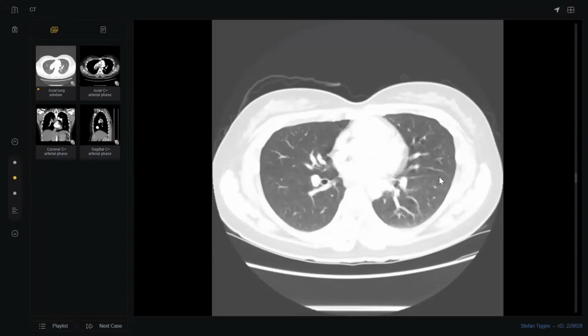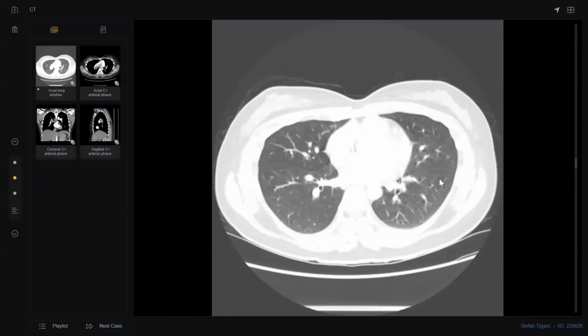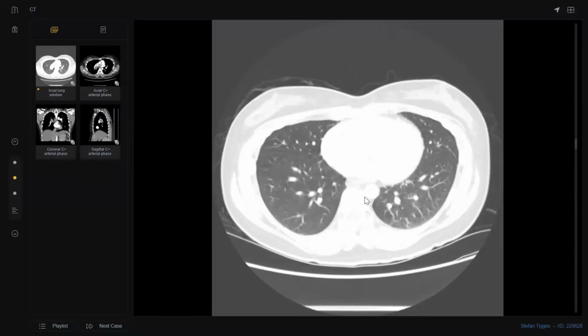I will confirm it on the soft tissue windows as well. I don't see any evidence of other intrapulmonary nodules on either side. No pleural effusion is noted.